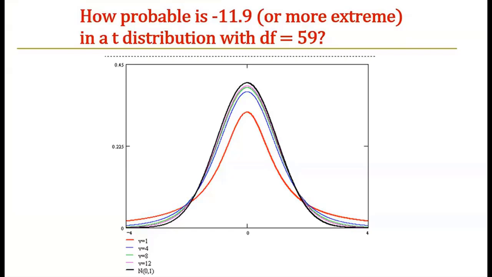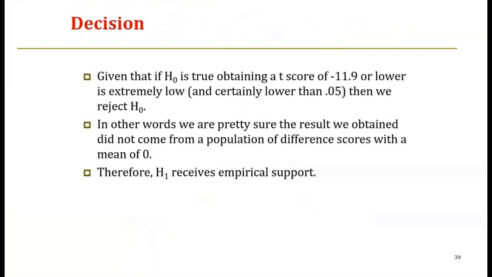Okay, so where is 11.9 or negative 11.9 in this distribution, to determine whether that value or a more extreme one has some degree of probability? Well, as you can see in all these distributions, 11.9 would be very far to the left, because it's a negative number, so it's extremely unlikely that this came from a population in which the null hypothesis is true. Therefore, we reject the null hypothesis.